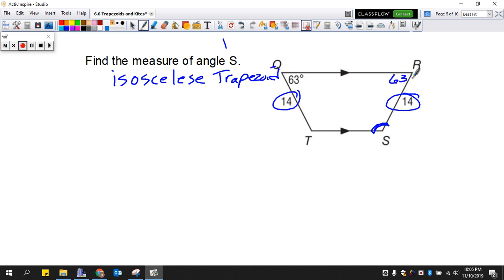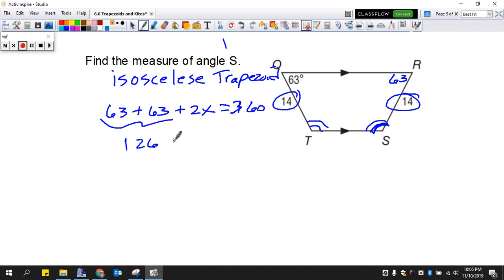So 63 plus 63 plus 2 times x, because these are congruent to each other, is equal to 360. So we have 63 and 63 is 126 plus 2x is equal to 360.